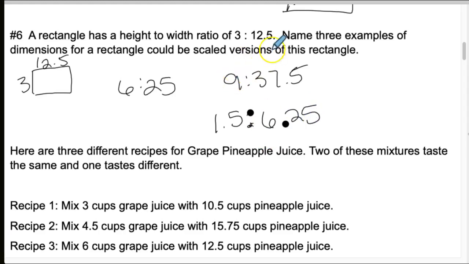So 6 and 25, 9 and 37.5, or 1.5 and 6.25. Really what you're doing is whatever you multiply the width by, you also need to multiply the length by the same thing, because that would be a scale factor.